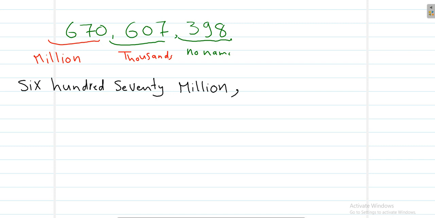Now, moving to the next period. 607. 600 and 7. The name of the family here is thousand. Really good. So let's write it. Thousand.